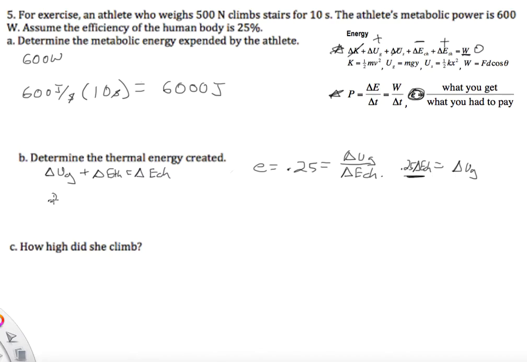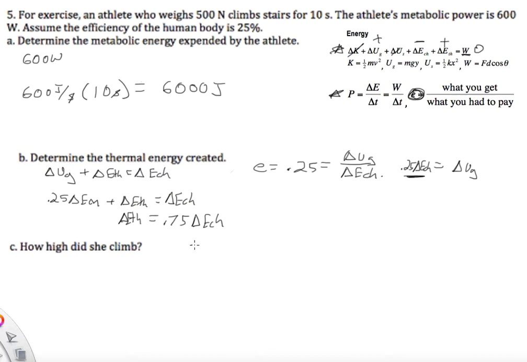So 0.25 delta ECH plus delta ETH equals delta ECH. And we can just subtract 0.25 delta ECH from both sides and get delta ETH equals 0.75 delta ECH.